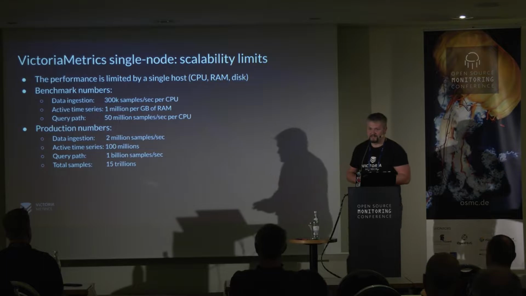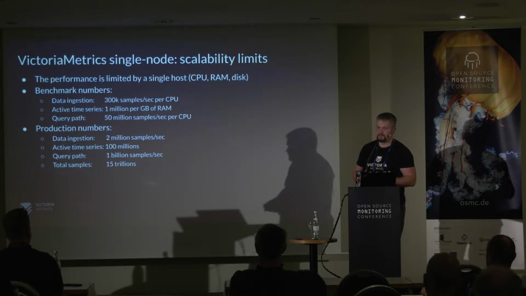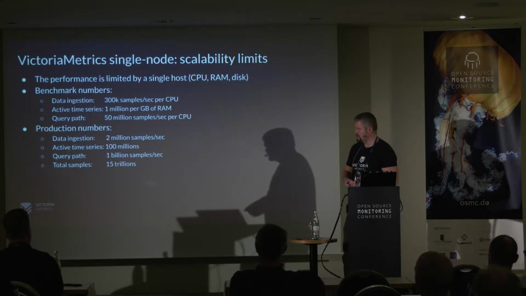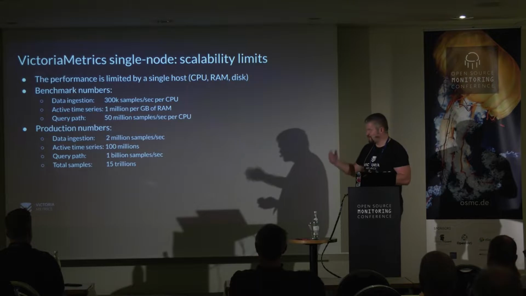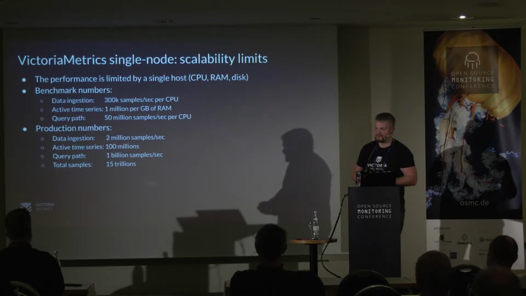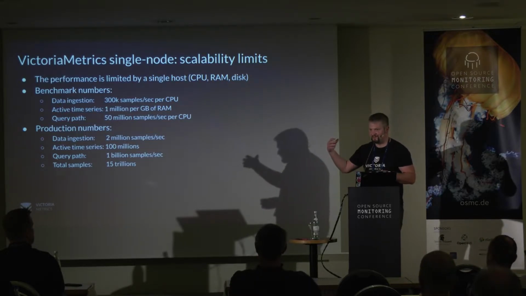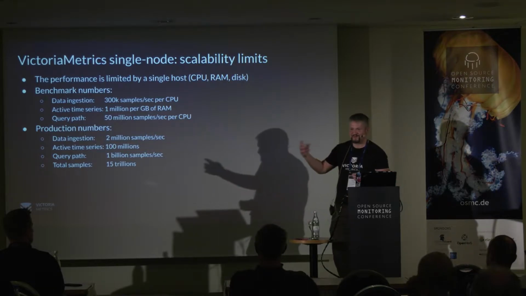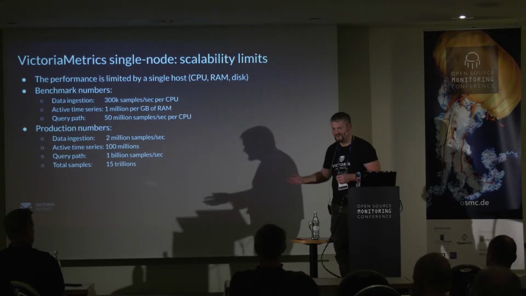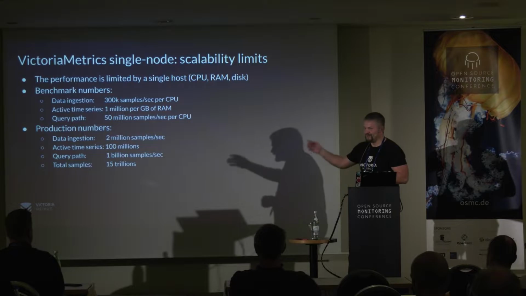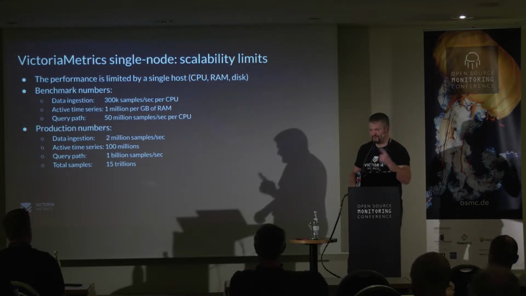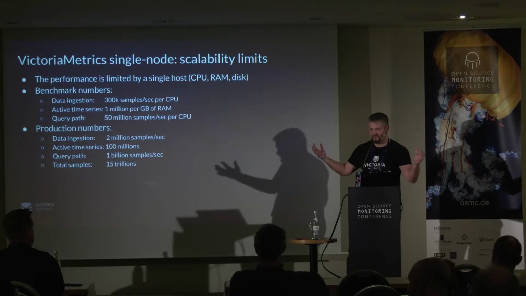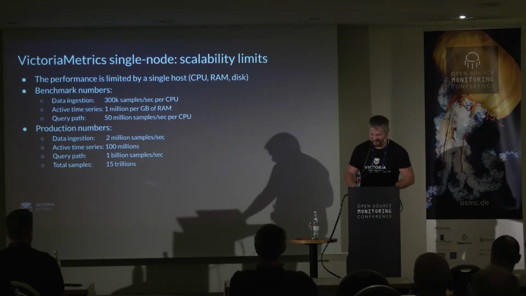It can process samples during querying at the speed of 1 billion samples per second, and it can store up to 15 billion, this 15,000 of millions, 15 trillion, this 15,000 of billions is a huge number of samples in the database without any issues, and on a single host. Obviously, this is a beefy host, but it works.